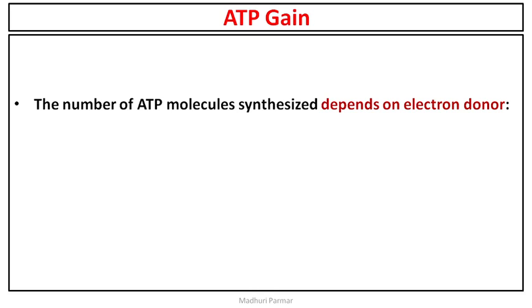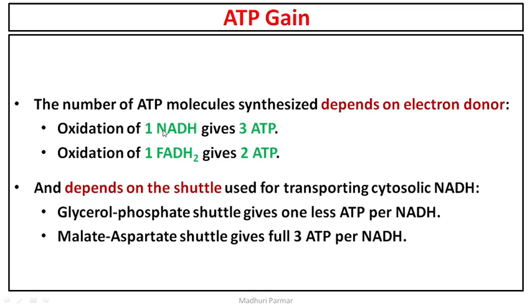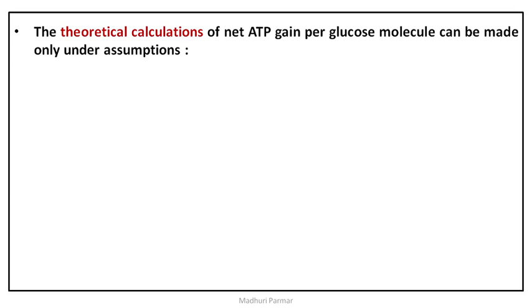Okay. Now, apart from the electron donor, it also depends on the shuttle used. If glycerol phosphate shuttle is used, it gives you 1 ATP less per NADH present in the cytosol. And if you use malate aspartate shuttle, you get full 3 ATP per NADH of your cytosol.